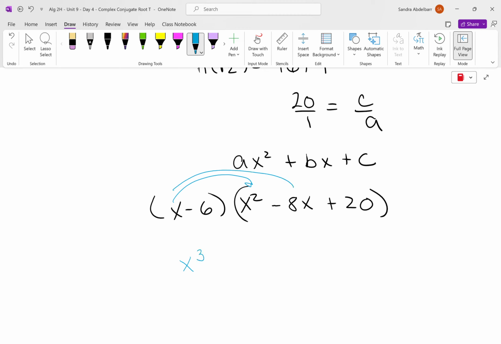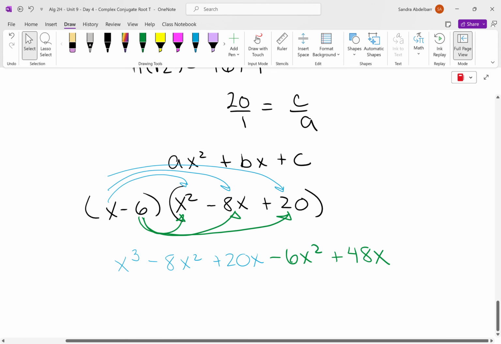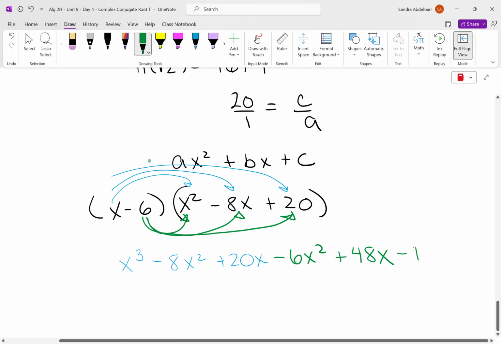So now I'm going to take this factor and the x minus 6 factor, and what am I going to do with them? Multiply them. X times x squared is x cubed. X times negative 8x is a negative 8x squared. X times 20 is 20x. Negative 6 times x squared is a negative 6x squared. Negative 6 times negative 8x is a positive 48x.